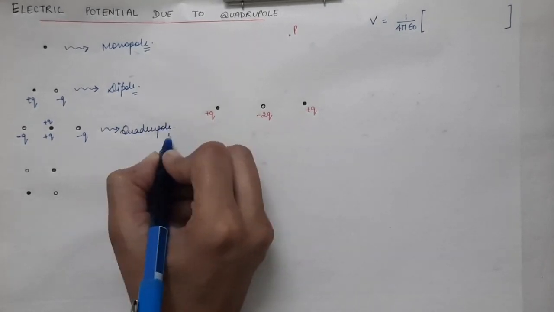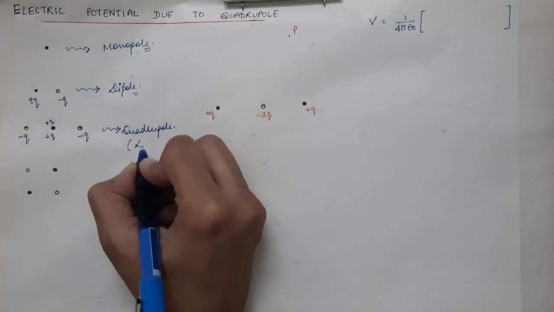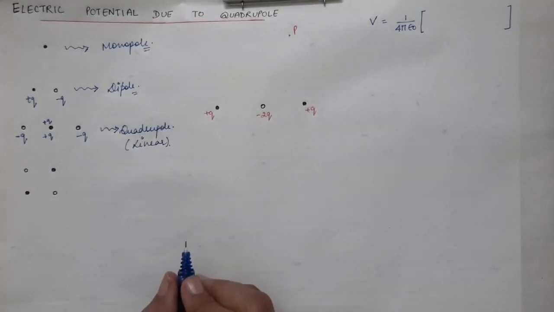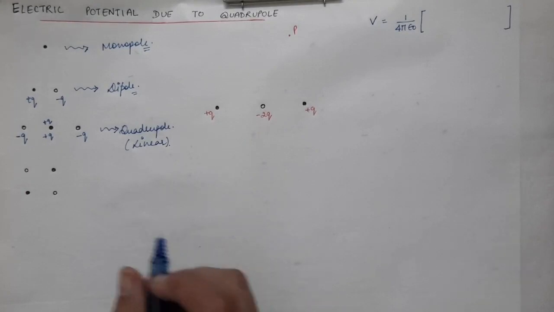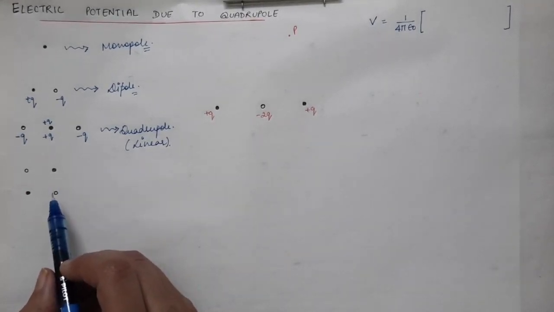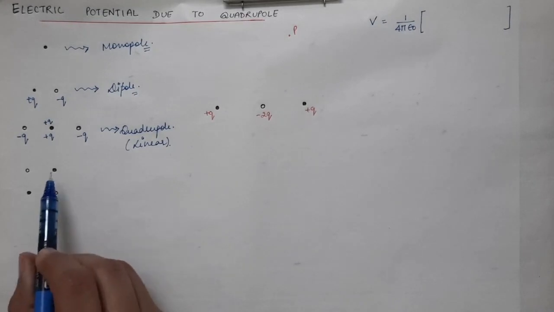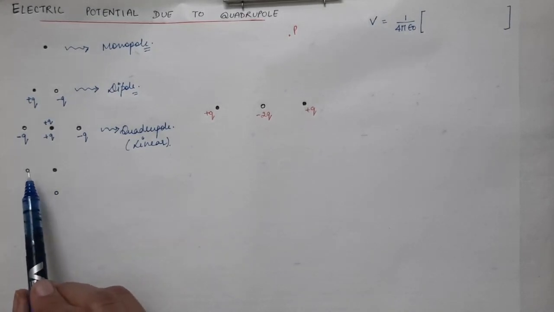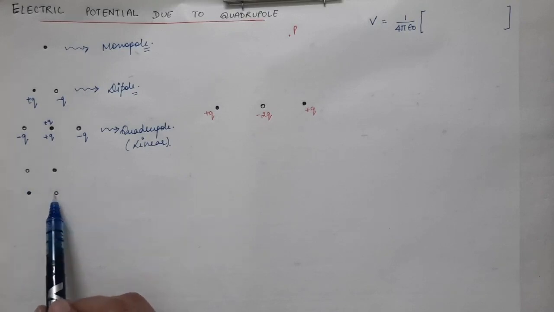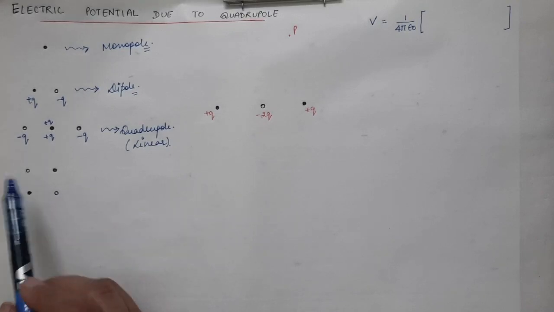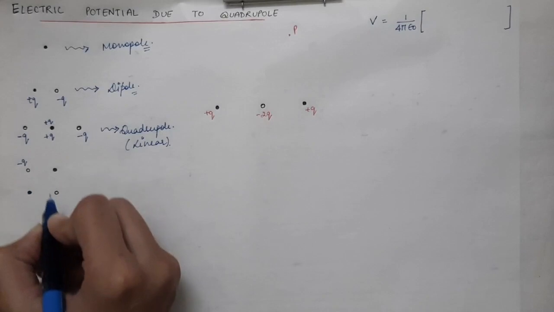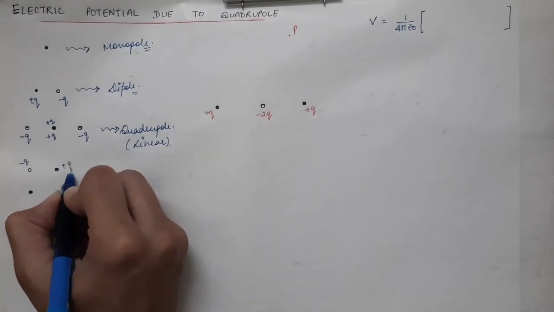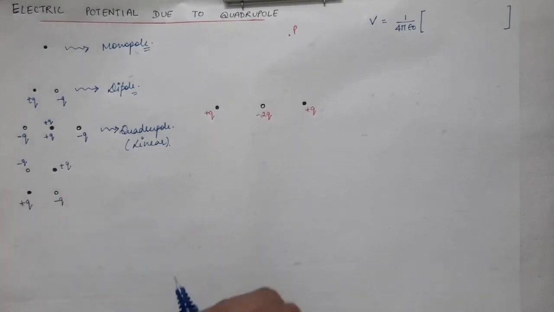And more precisely, it is called a linear quadrupole because the charges are placed in a line. Now, another form of quadrupole is this structure where we have equal and opposite charges on the opposite corners. So here I have minus q charge, here I have minus q charge on the opposite corners, and here I have plus q charge and here I have plus q charge.